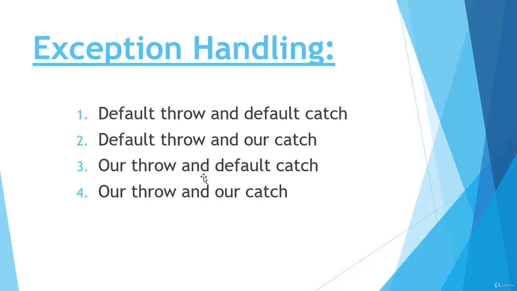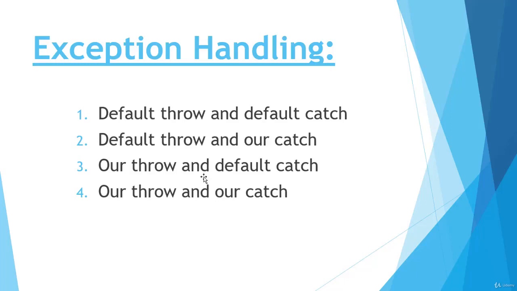But in Java, this is not an exception. So in this case, we can throw our own exception and write our own catch mechanism so that our throw and our catch are executed and we handle our exception. So these are the 4 possibilities of exception handling. We will discuss all these 4 in our videos.